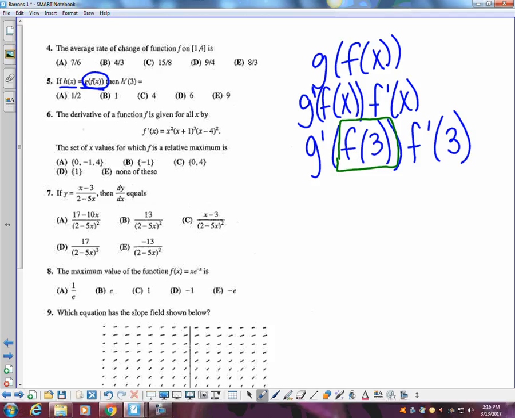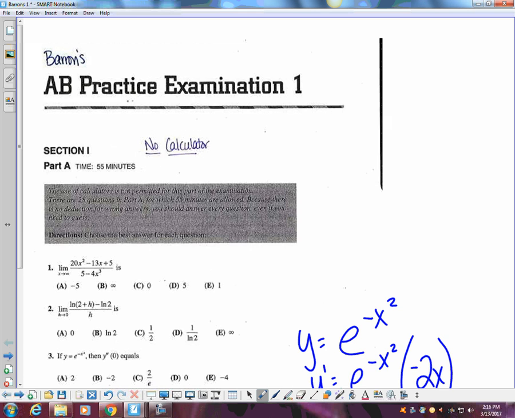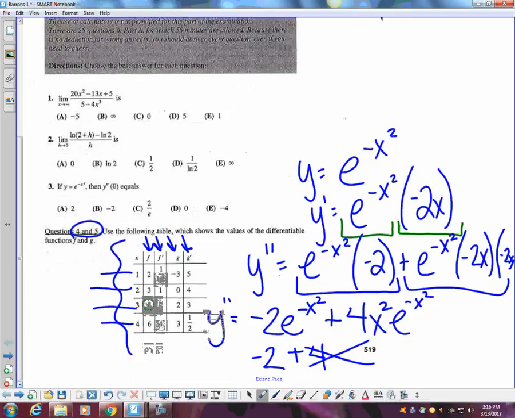Okay. So I have g prime of 4. Everybody see what I'm doing? Now I need what? f prime of 3. So f prime of 3 is 2.